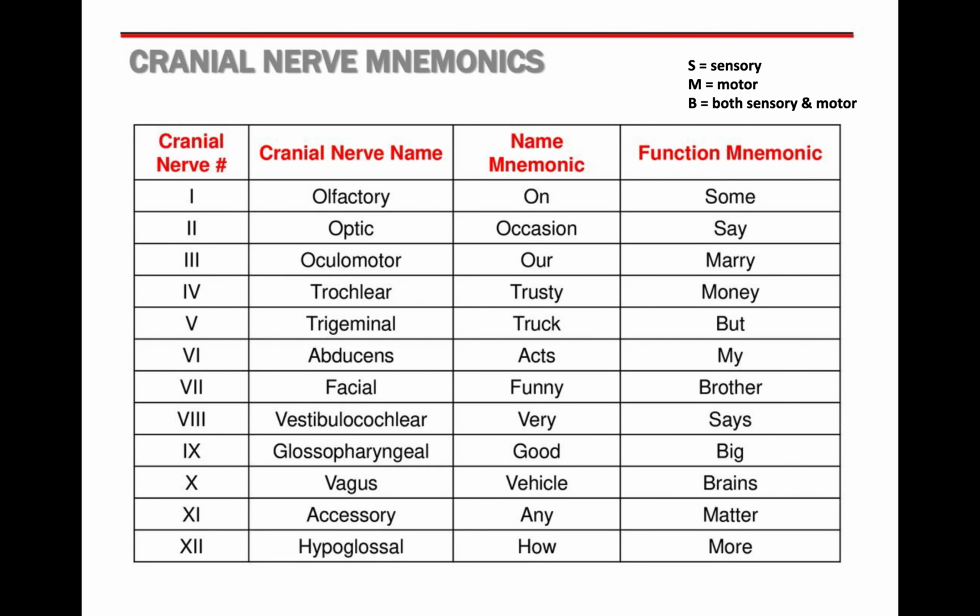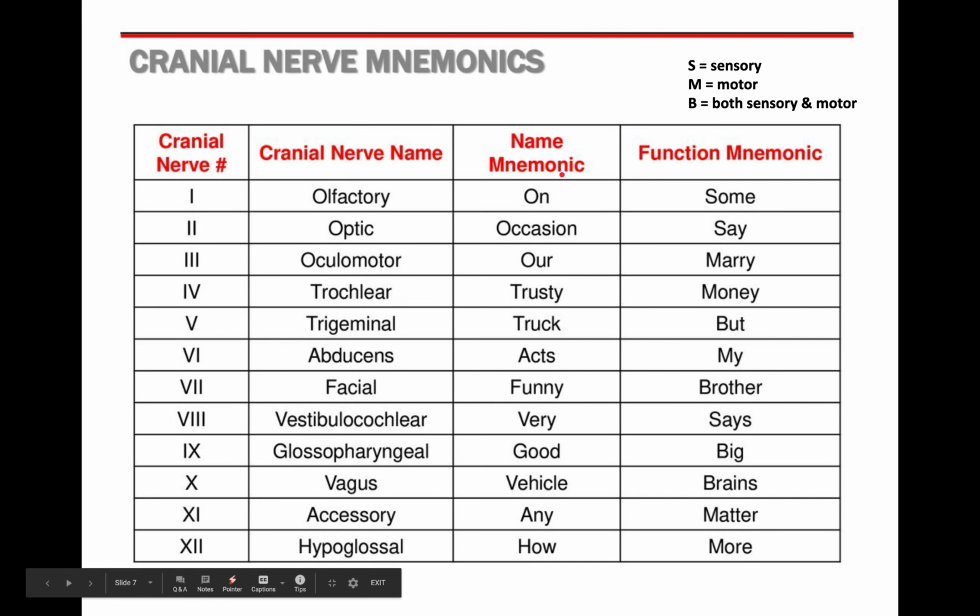Okay, so these are examples of cranial nerve mnemonics. In this case, the names of the cranial nerves are olfactory, optic, oculomotor, trochlear, trigeminal, abducens, facial, vestibulocochlear, glossopharyngeal, vagus, accessory, and hypoglossal.